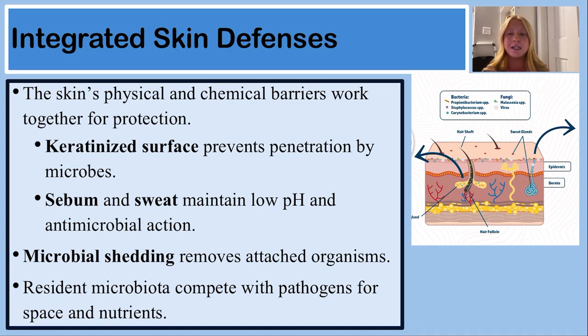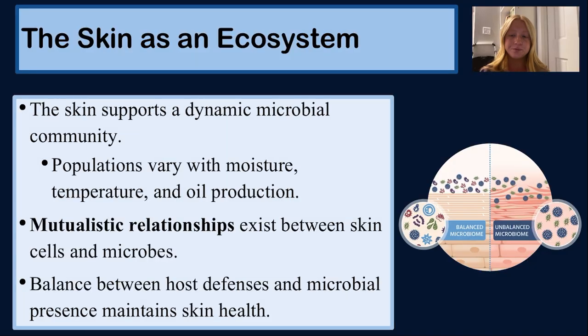Every day, dead cells slough off from the surface and take microorganisms with them, like we discussed before, and the skin's own resident microbiota adds another layer of defense by competing with harmful microbes for space and nutrients. All this plays a role together by creating a surface that's constantly resisting colonization by pathogens.